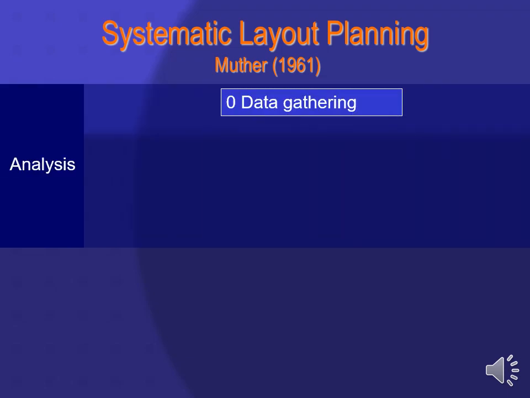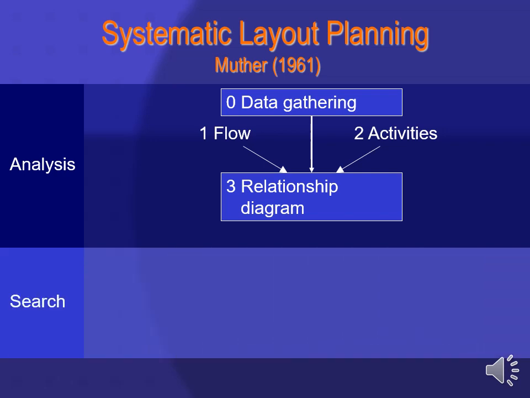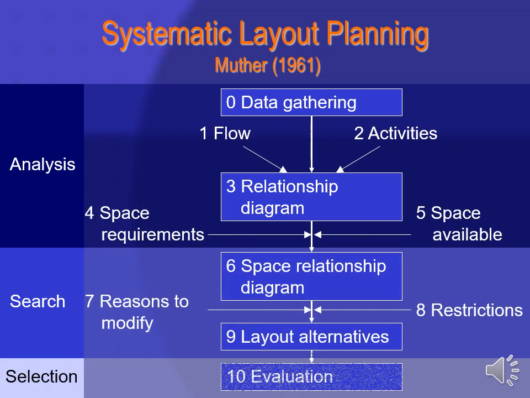Now see here, systematic layout planning, that was given by Muther in 1961. That is analysis, search as well as the selection. 1, 2, 3, 4, 5 will be the analysis condition. 6, 7, 8, 9 will be the search condition and 10 is the evaluation, that is the selection.